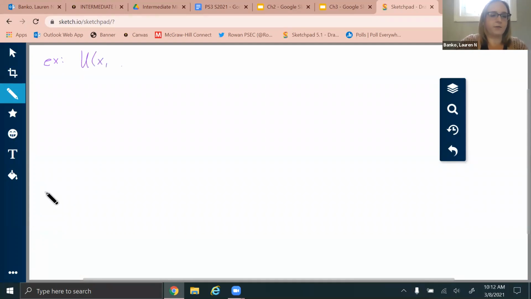Maybe we have u of x1, x2 equals x1 plus x2. This is a relatively simple function, but it's their utility function, x1 plus x2. And maybe we want a certain level of utility equal to 12.